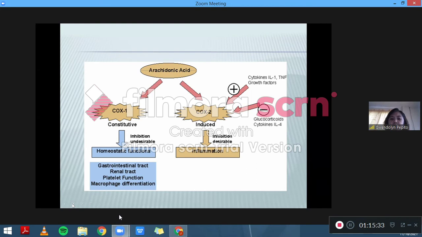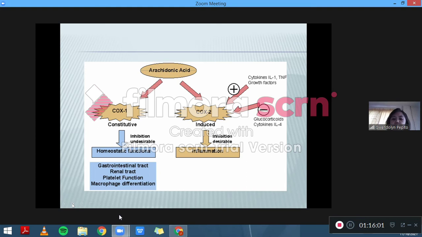While COX-2 is induced, meaning inflammatory mediators like TNF or cytokines cause your cyclooxygenase to produce the different prostacyclins.